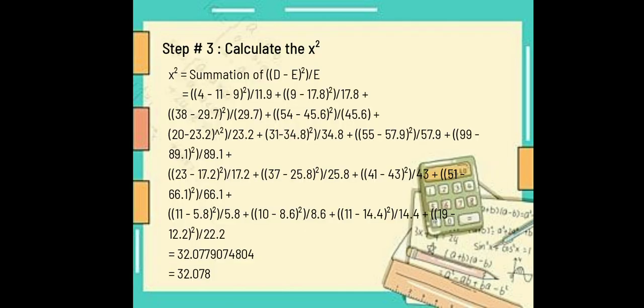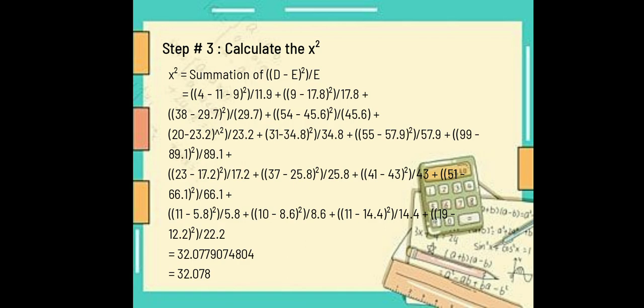Next, we have to calculate the X squared, which is the chi-square. The chi-square is the summation of the observed value minus the expected value.